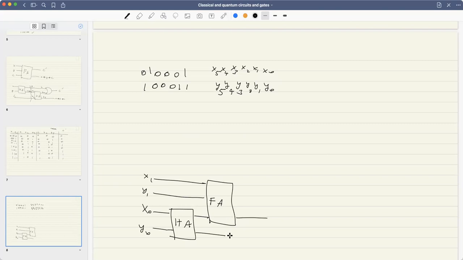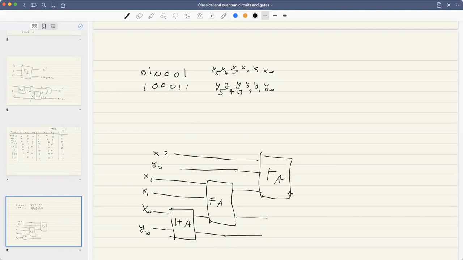Again, now here I'm getting the next digit, the sum of those three numbers mod 2, and then I get the carryover here. Now I can take this carryover, take the next two digits, which would be y2, x2, send these three into a full adder, again get the next digit and the carryover, and we can keep going until the number of digits in our integers.